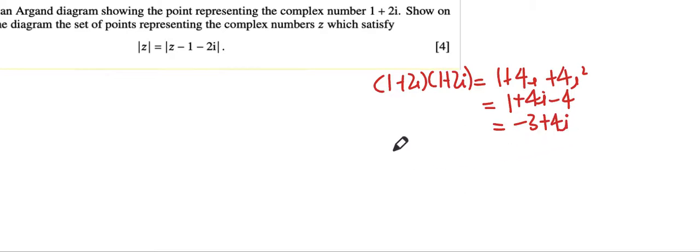Next, what if I have negative 3 plus 4i multiplied by 1 plus 2i, because this is for x cubed. So what do I get? Let's expand this.